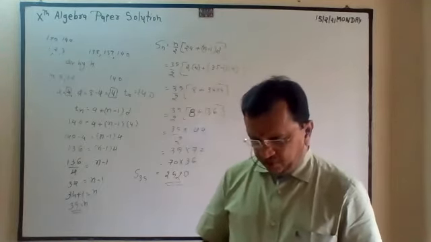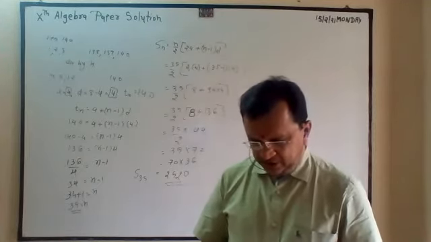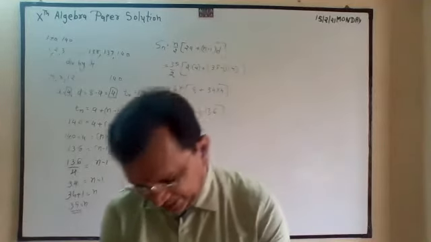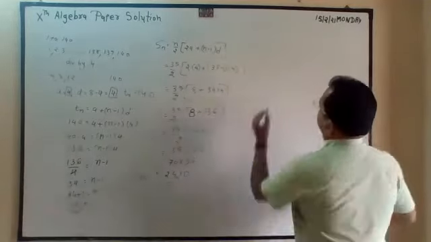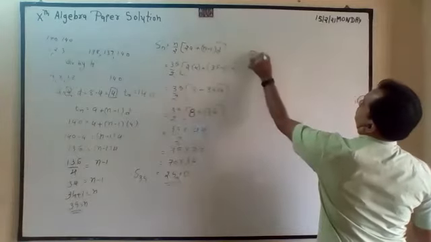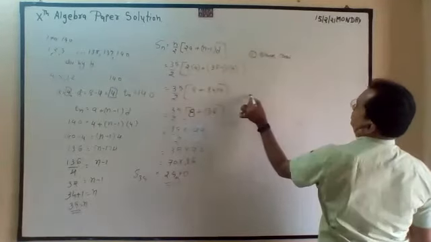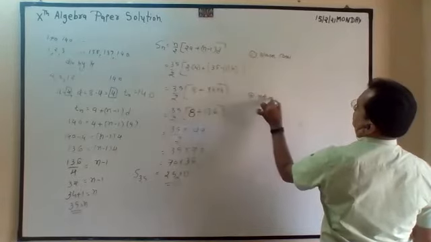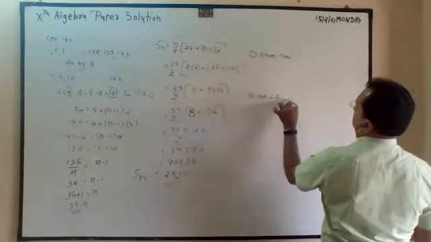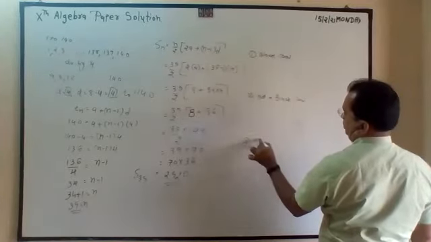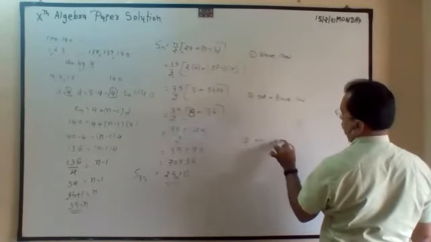From the pack of 52 cards, a black card, not a black card, numbers from 2 to 5. Black card, first black card, not a black card. Numbers 2 to 5.